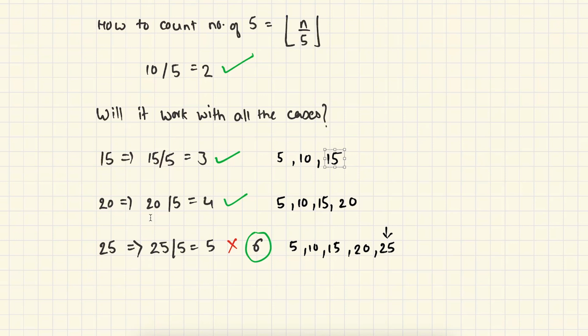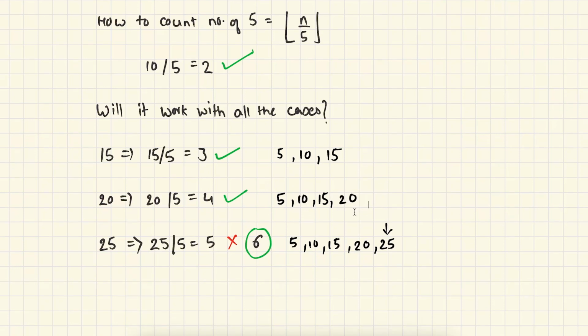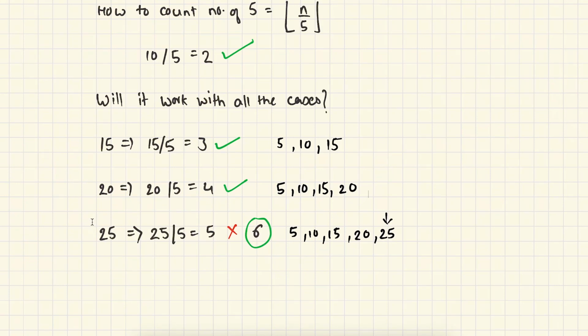In case of 20, if we divide 20 by 5, we get 4, and the factorial of 20 has 4 trailing zeros. Here 5, 10, 15 and 20 each contribute one 5. Great. Now let's move on to the next example, 25. If we divide 25 by 5, we get 5.